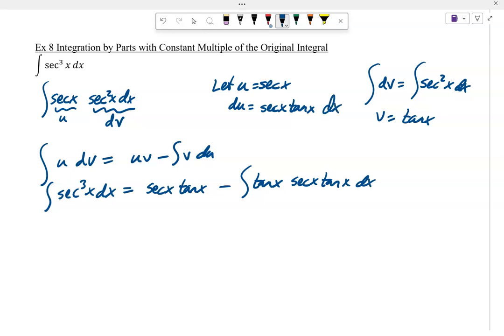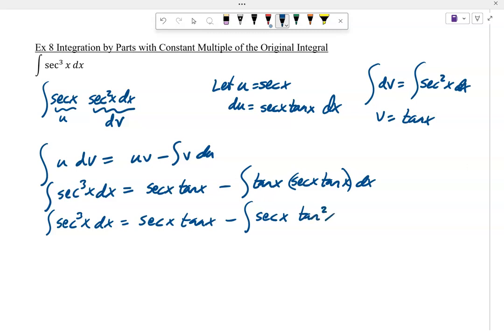Oops, I forgot my dx up there. So the integration of secant cubed, so notice I have secant and I have tangent squared. Okay. Well, I can't integrate tangent squared.